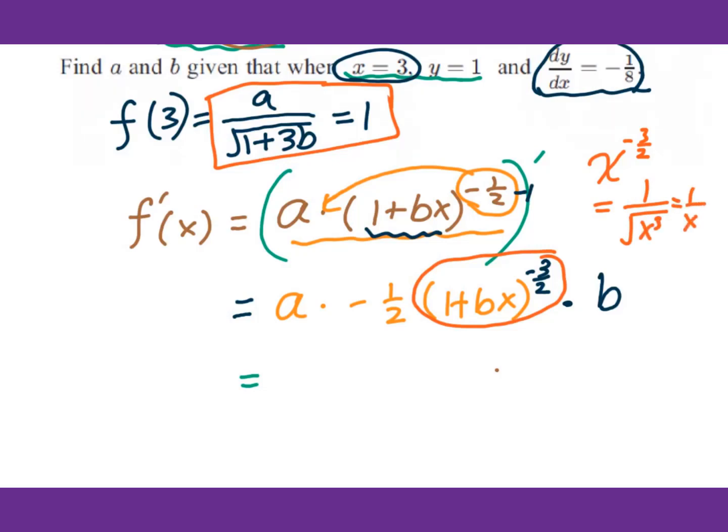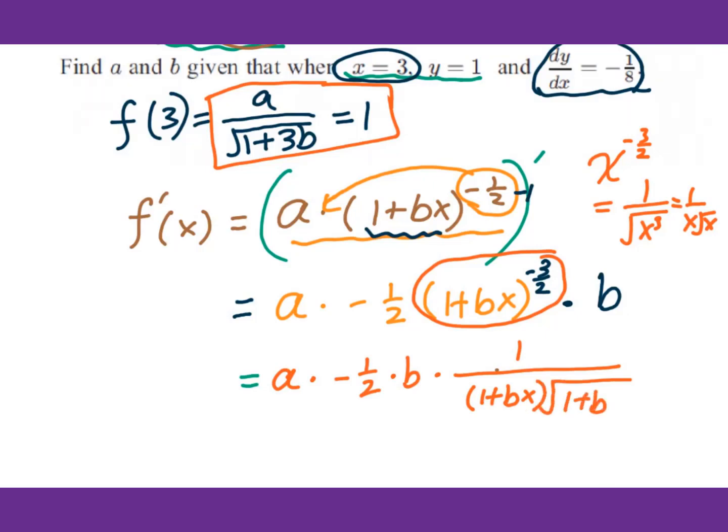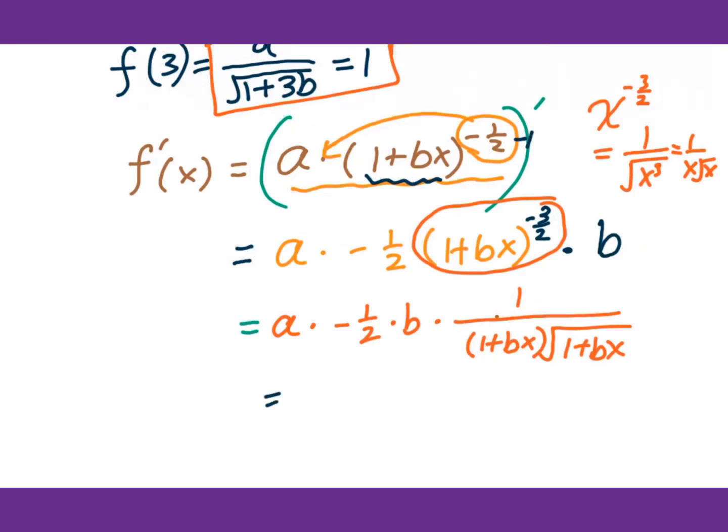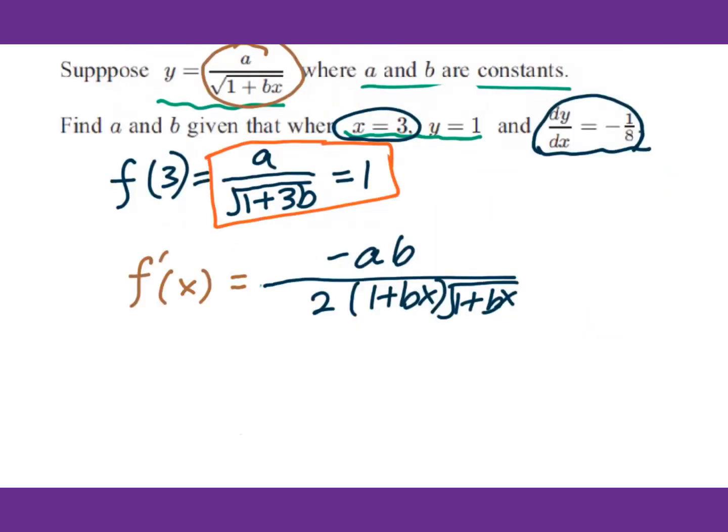Simplify, you will get x square root of x as a denominator. Therefore, a times negative 1/2 times b times 1 over (1 plus bx) square root of 1 plus bx. In the denominator you have 2 times (1 plus bx) square root of 1 plus bx, and on top, negative ab. So we get the derivative of f(x) equals this.